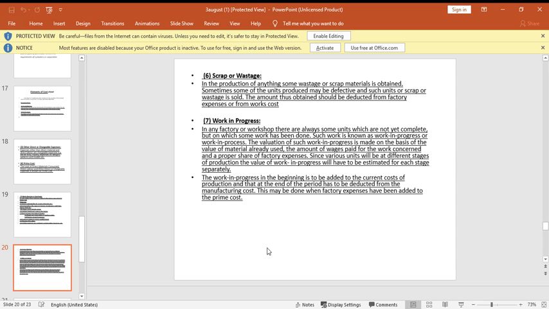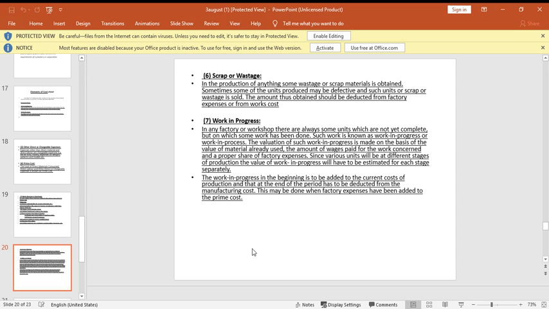The amount thus obtained should be deducted from factory expenses or from works cost. That means whatever wastage or defective units are obtained should be sold and the proceeds adjusted against the expenses.